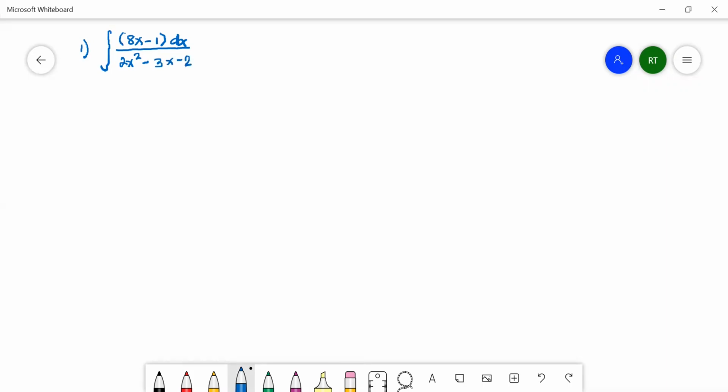Of course, we can factor the denominator. Although the denominator is quadratic, we have 2x squared minus 3x minus 2. It can be factored as two linear factors.